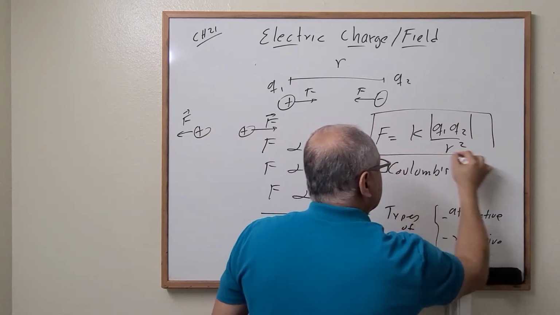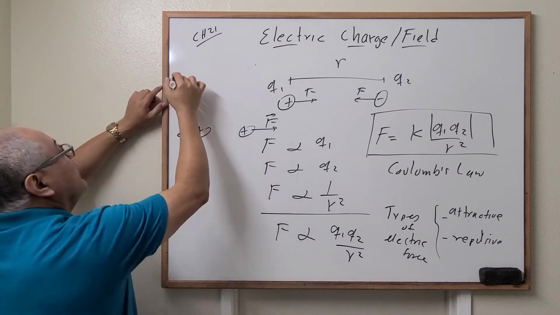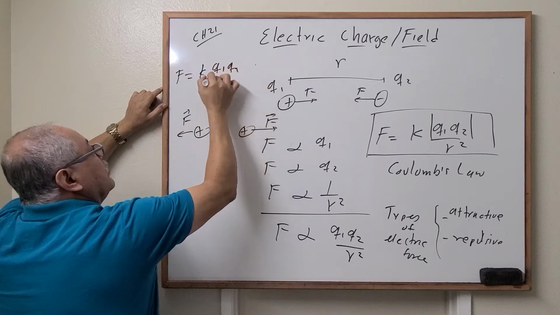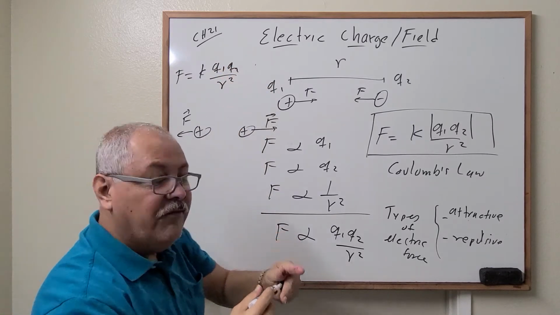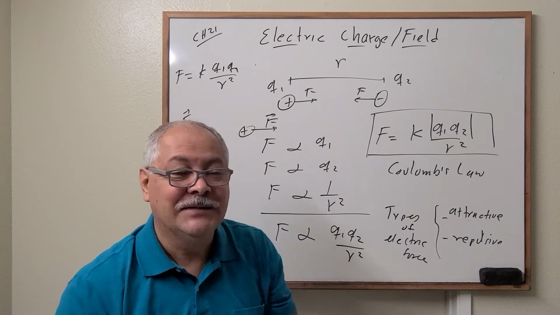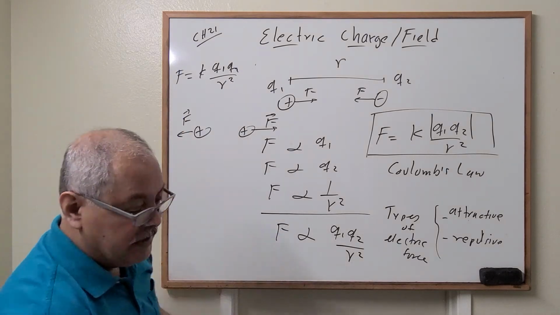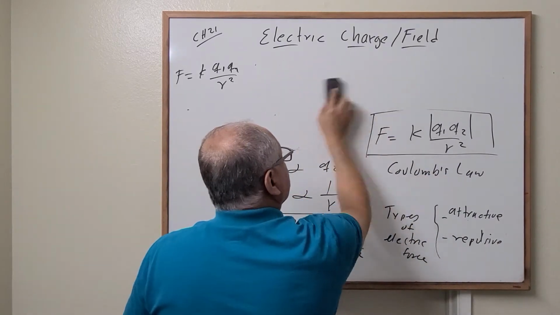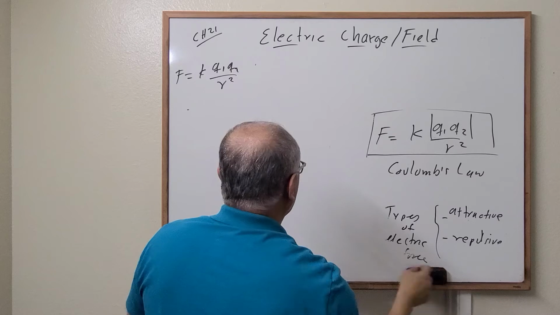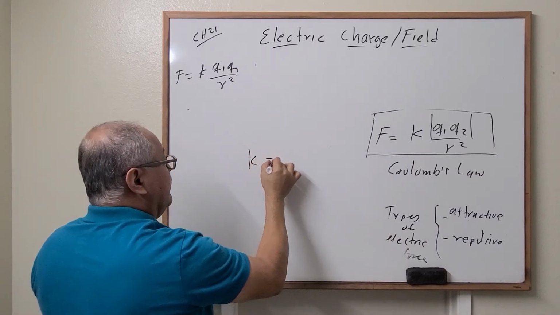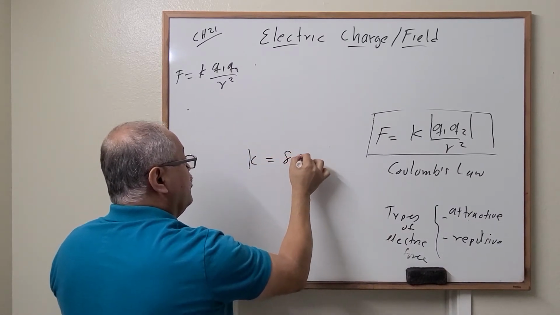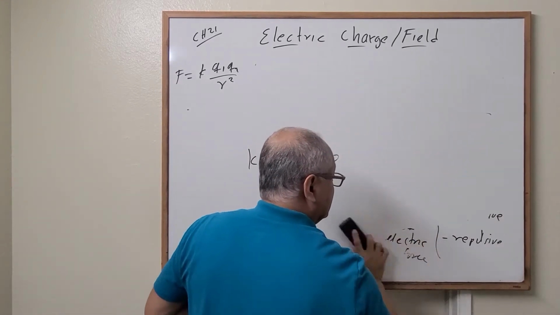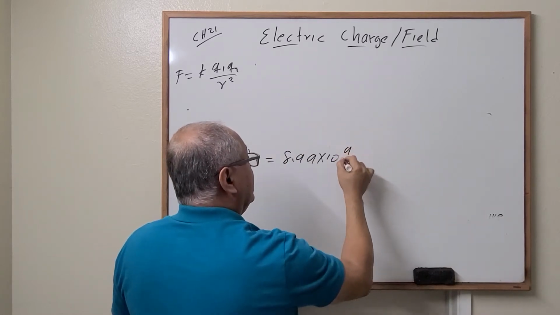It's a very important equation, a very important law: Coulomb's law. The force is equal to K Q1 Q2 divided by r squared, and this is valid only for point charges. Now let's find the magnitude of K. This is found in experiment, and K is about 8.99 times 10 to the 9.